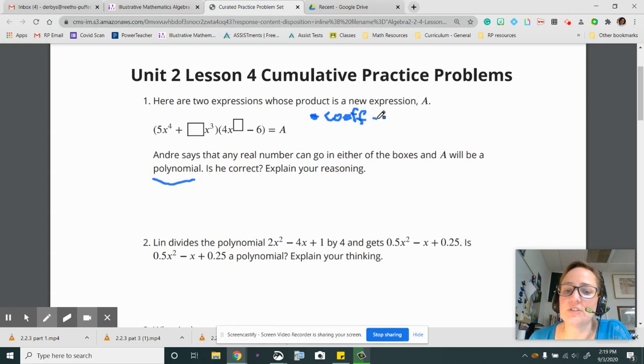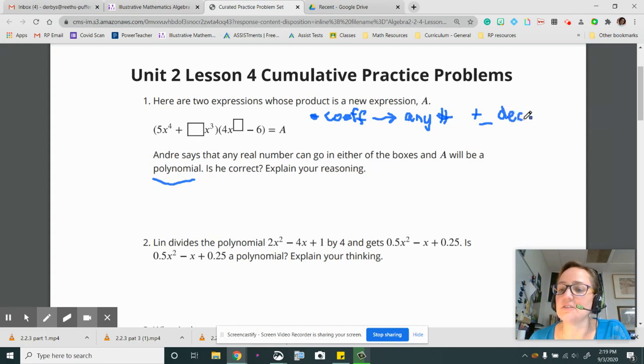Our coefficients can be any kind of number as long as it's a real number, okay? So they can be any number at all. And so that includes things that are like positive numbers and negative numbers and decimals and fractions.